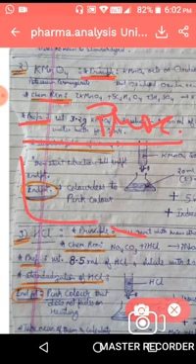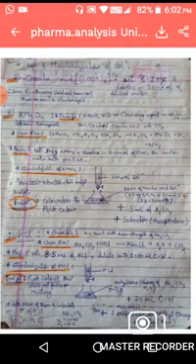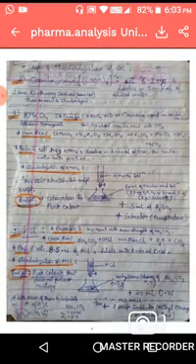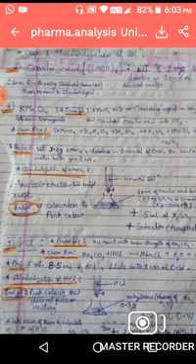Then you have to draw the diagram, your purity diagram. The procedure I have not mentioned because it's the same for all: you have to wash the burette, wash the conical flask, apparatus and all, you have to rinse the burette, and basically you have to write all the preparation steps and the standardization steps in sentence form, right? That's why I have not mentioned that. I know you guys will mention it.